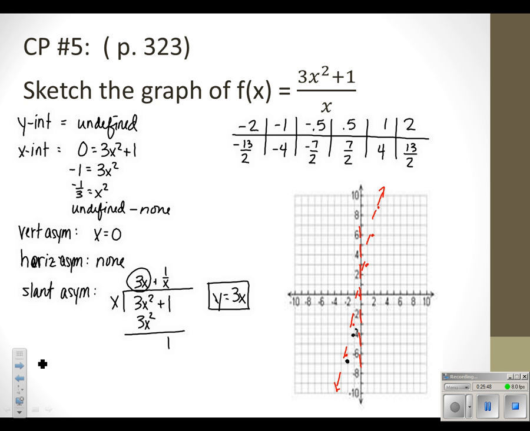So at this point, I know it's going to have to curl back. So the closer you would get to that 0 line, it would actually start heading you back down. 0.5, we have 3.5. And then at 1, we have 4. And 2, we have 6.5.